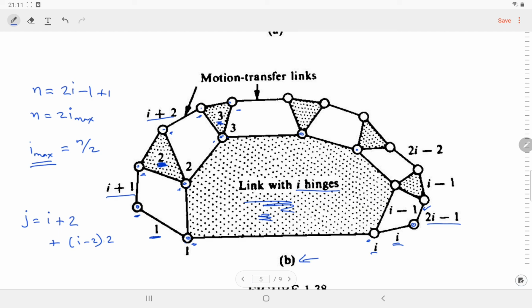So j is equal to i plus 2 plus 2i minus 4, which is equal to 3i minus 2. That's our j value.